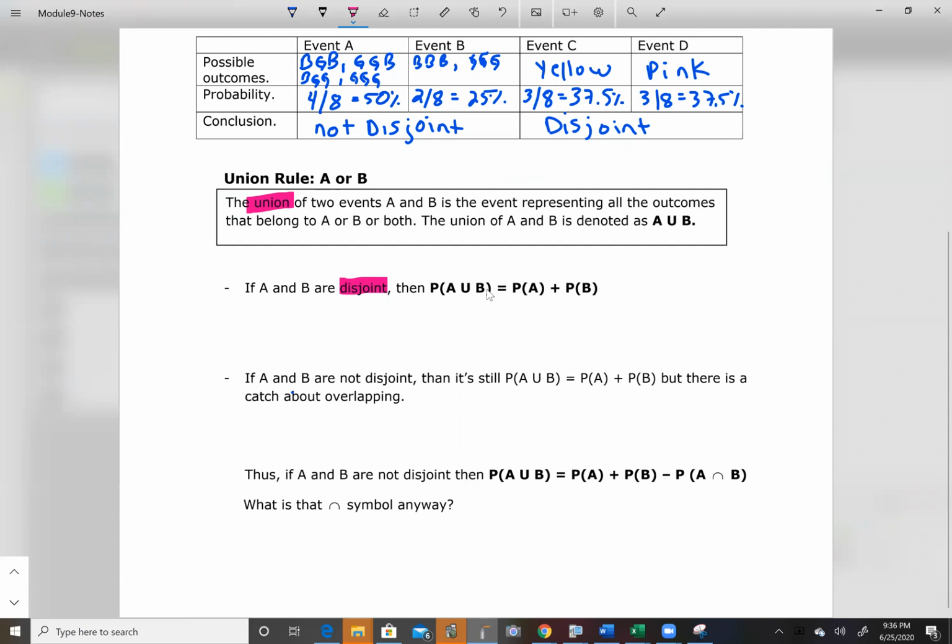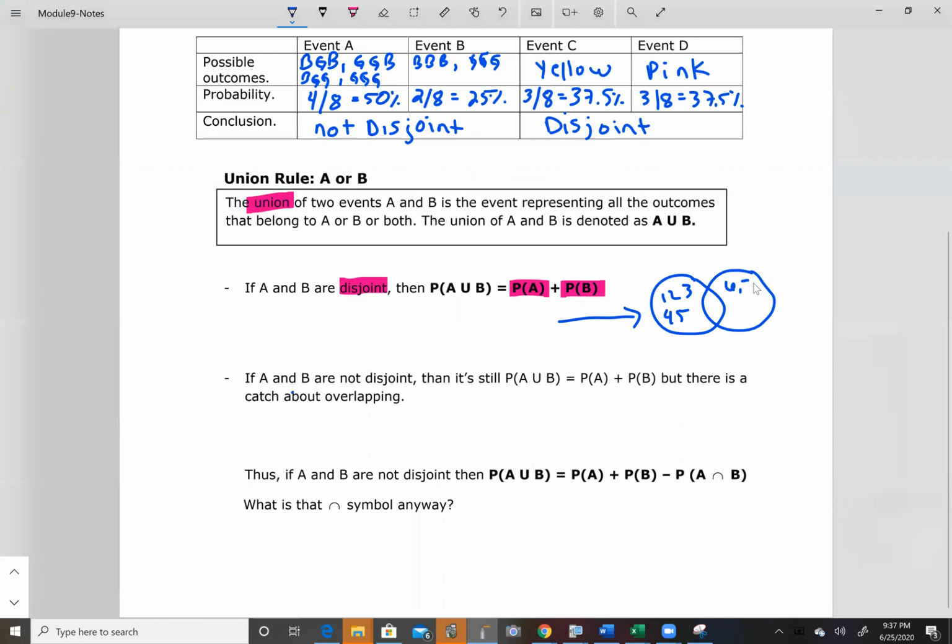Then the formula is the probability of A plus the probability of B. If we have our Venn diagram and we want A or B, this formula is for disjoint events, which means the numbers you have here, 1, 2, 3, 4, 5, and the numbers you have here, 6, 7, 8, 9, we just add them together.